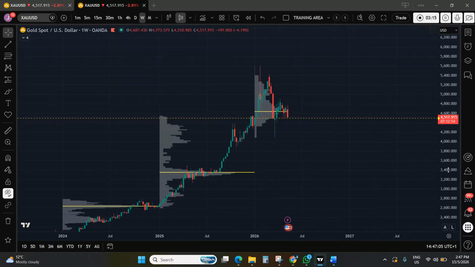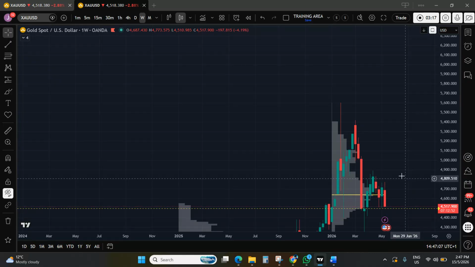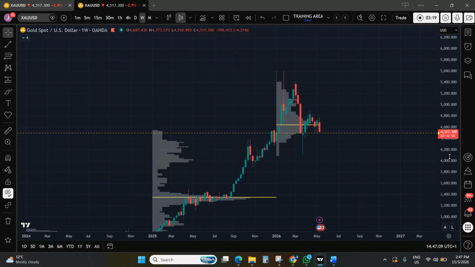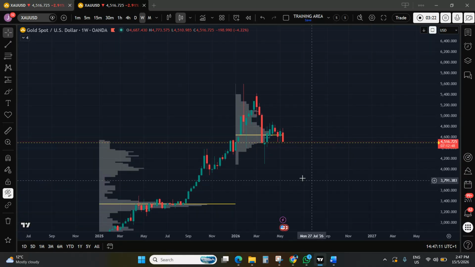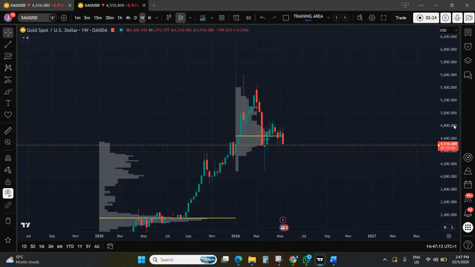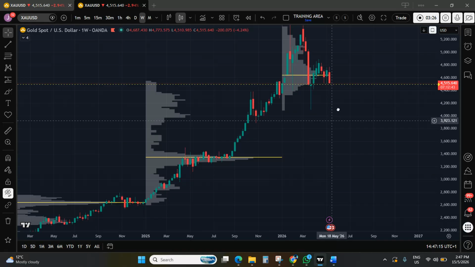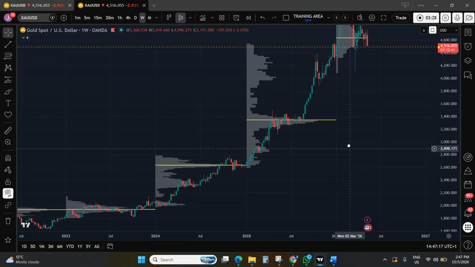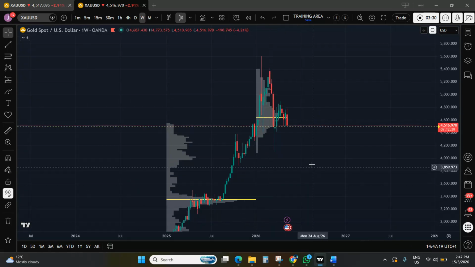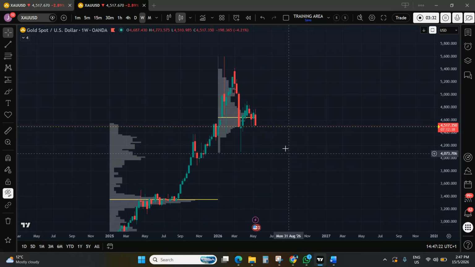Right now, if you see, it is not exactly a B, but it almost formed. And in the last 3 years, you have never seen this sort of profile. This is the first time you're seeing it, and you can already see gold is witnessing a downtrend.